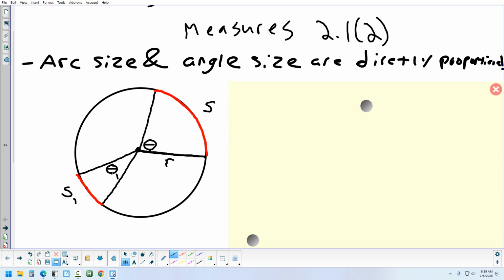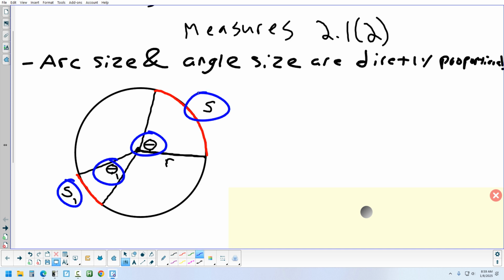All right. So what we want to do is come up with some type of connection between basically these 4 things. Because those are what are going to be in my proportion. I'm going to have 4 spots: 1, 2, 3, 4. And I need to fill those in somehow.